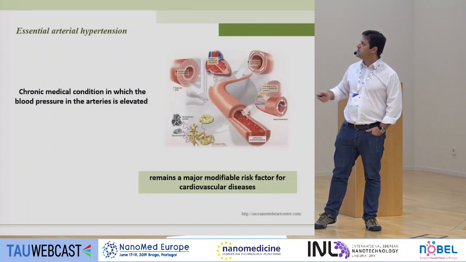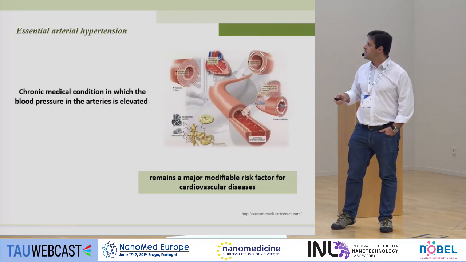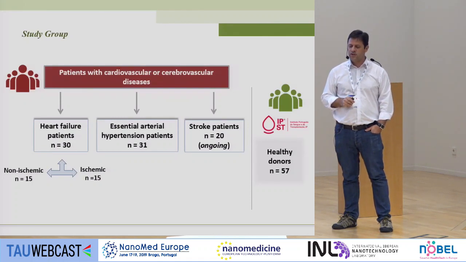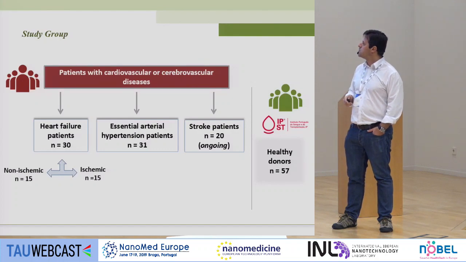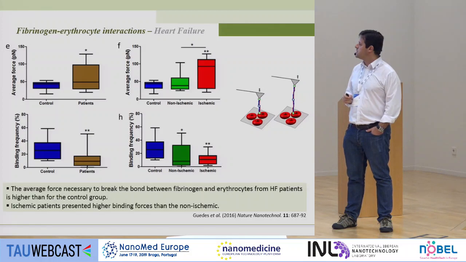We addressed essential arterial hypertension patients, and we are also looking now, in an ongoing study, at stroke patients on the ER service when they enter the ER at the Santa Maria Hospital in Lisbon.